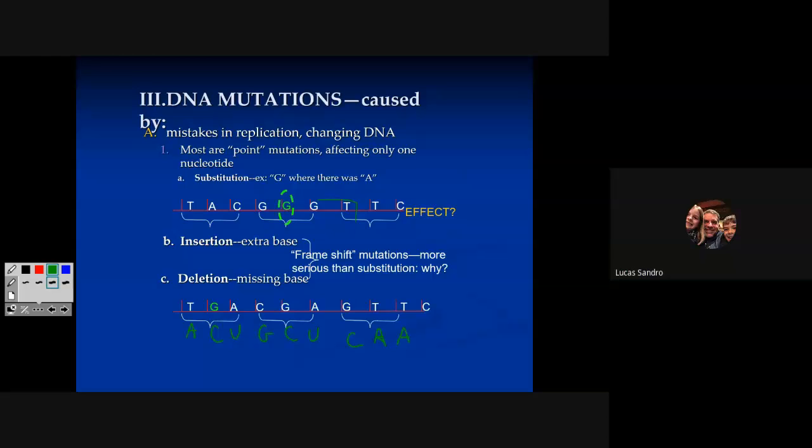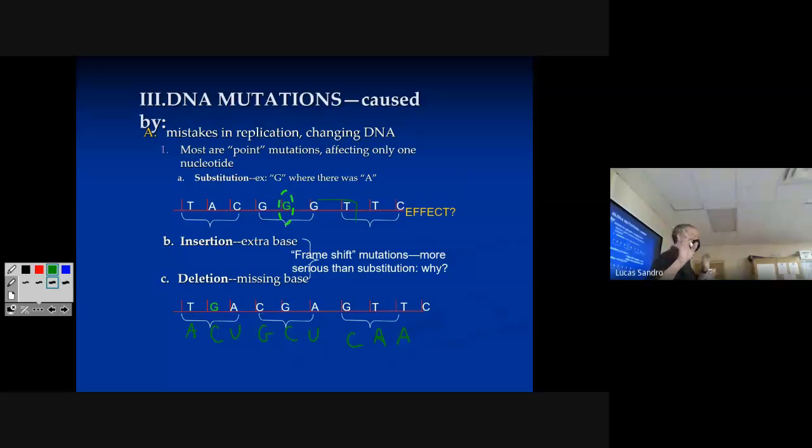Basically, when one of these two happens in a much longer strand of DNA than this, it's going to change every amino acid downstream of the mutation, which in pretty much any case is going to totally screw up that protein. Not least because now the stop codon is not going to be where it's supposed to be.